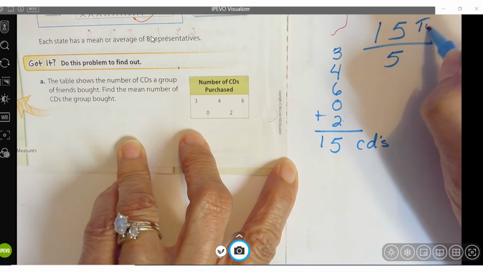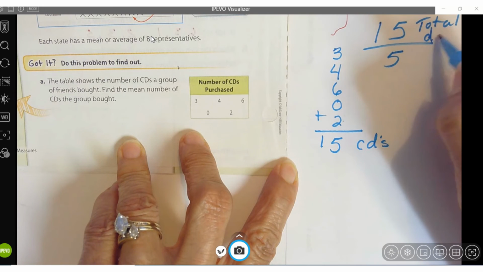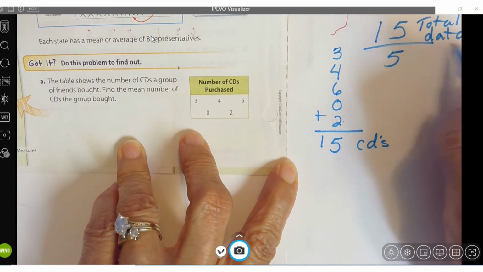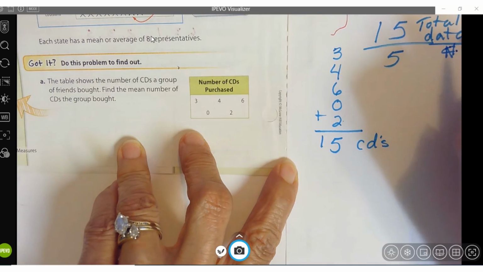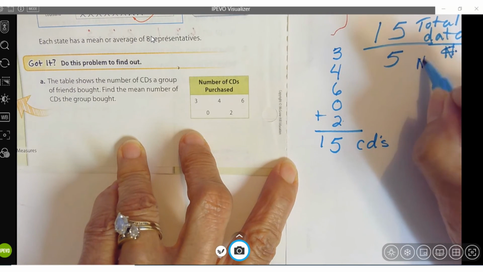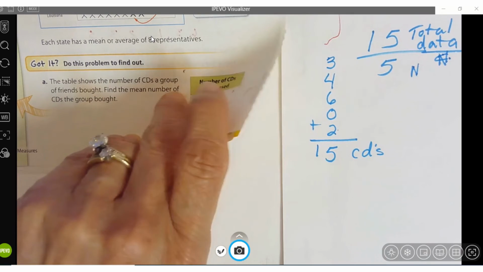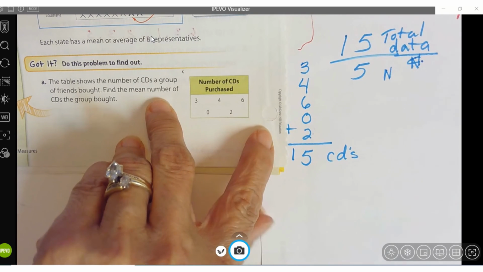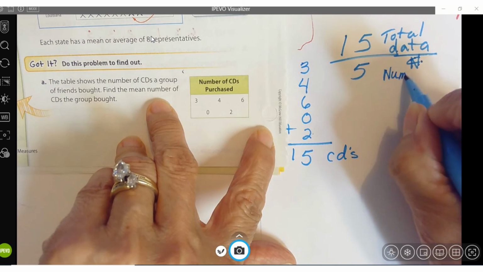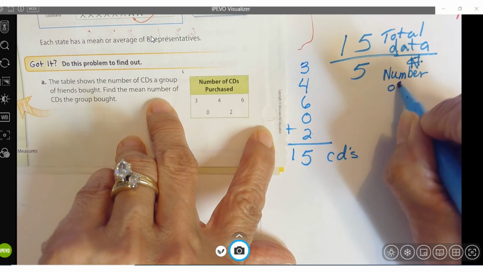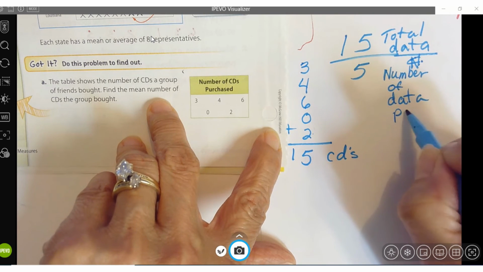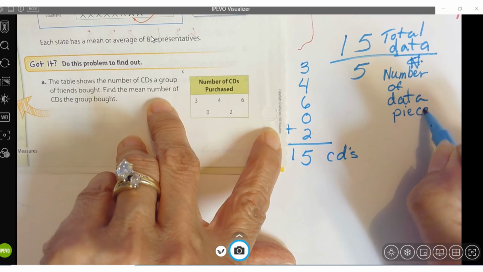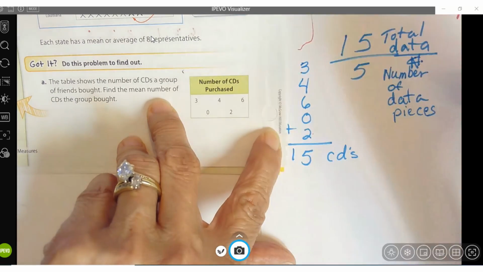So this is the total data divided by the number of items, the number of data pieces, which in this case is 5.